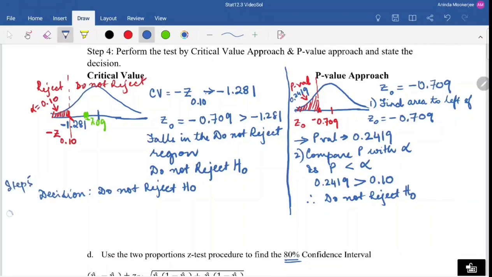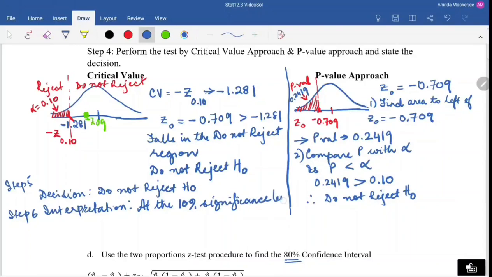And then the final step is step 6, to interpret the test. Interpretation is, again, you start with your significance level. At the 10% significance level, again, significance level is always in percentage. Alpha, however, is in decimal. All right. So at the 10% significance level, the data do not provide, so if it is a do not reject decision, then the data is not strong enough to reject the null hypothesis.